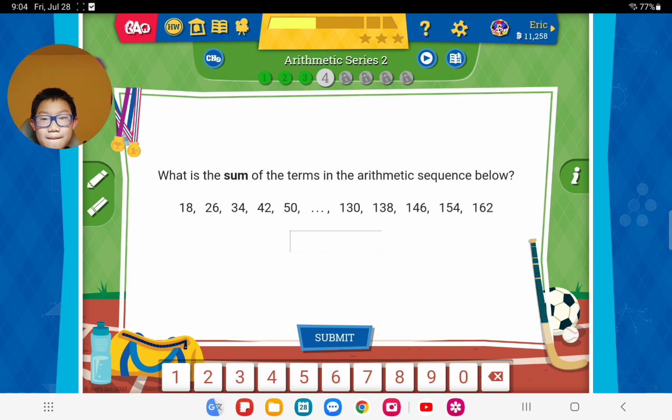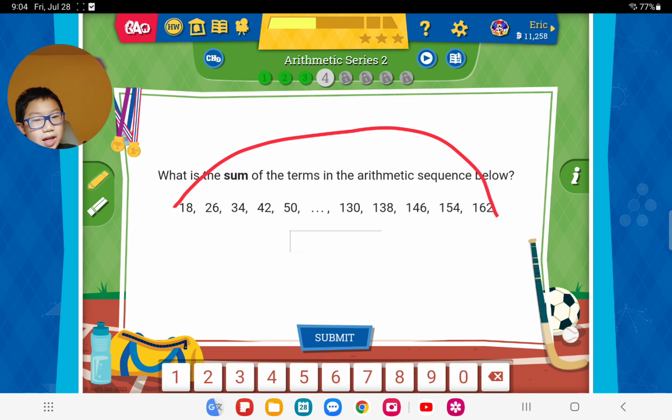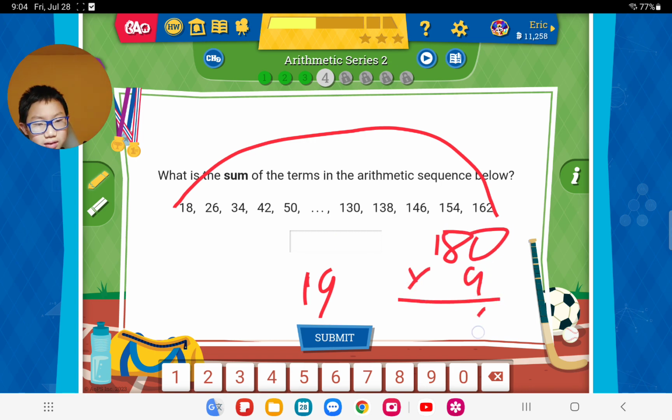Okay. What is the sum of all of the terms? How to calculate the sum? Well, there was 180 and there are 19, so it's 180 times 9.